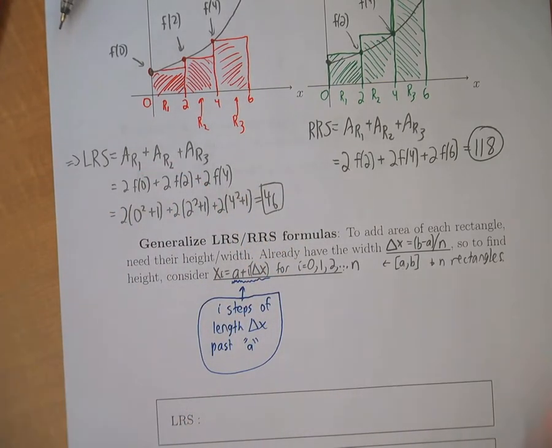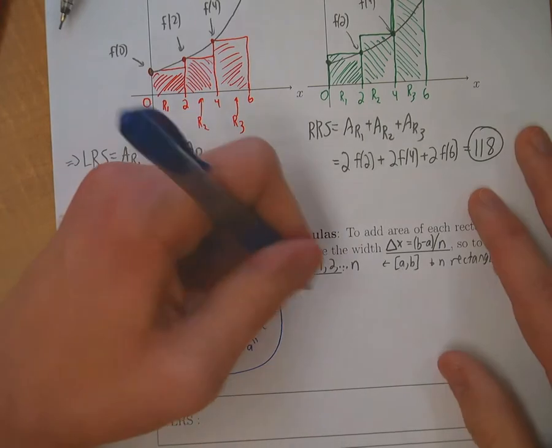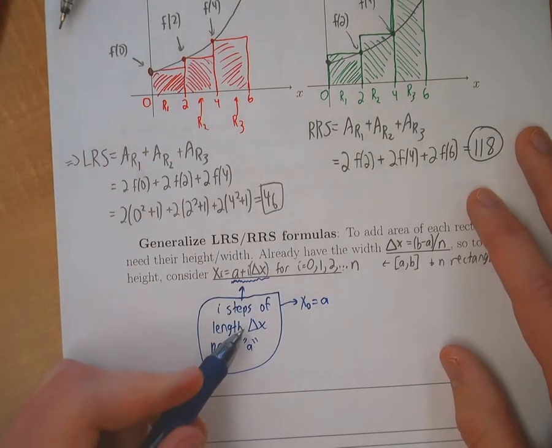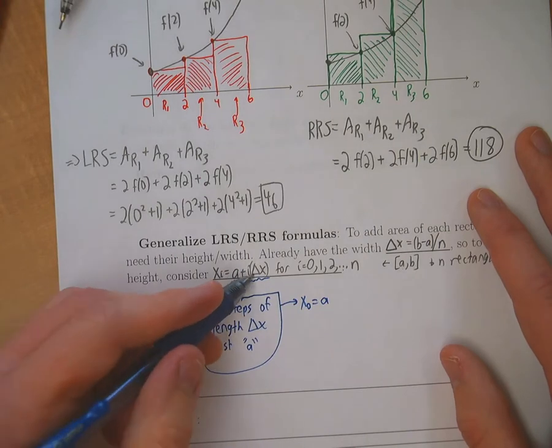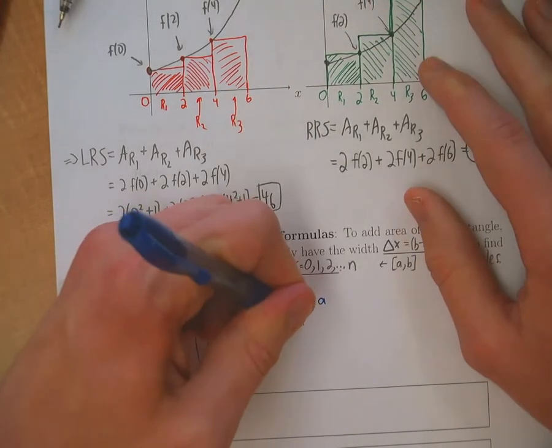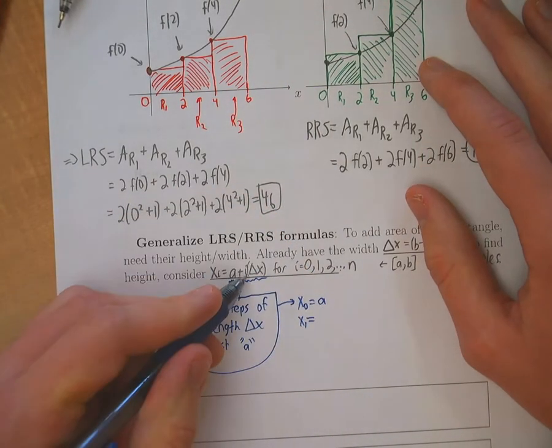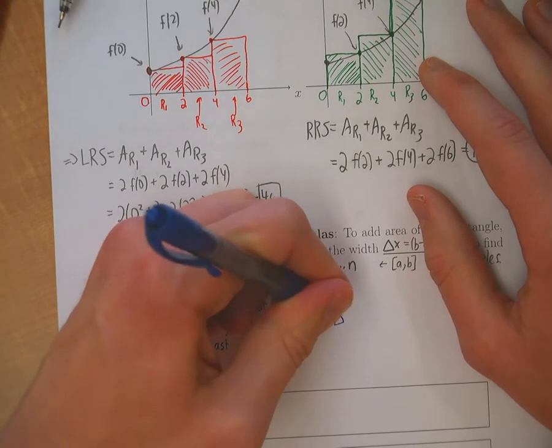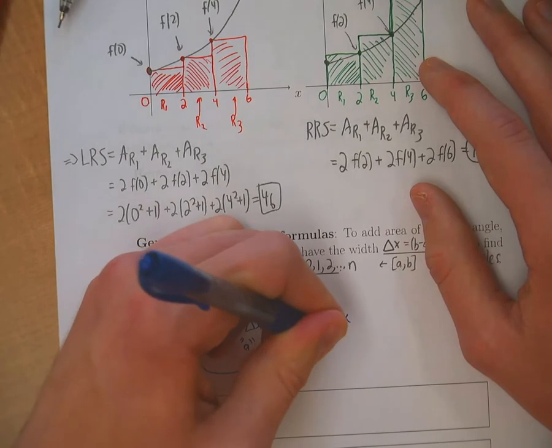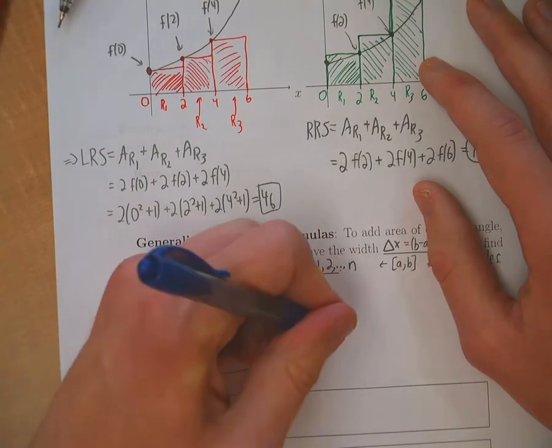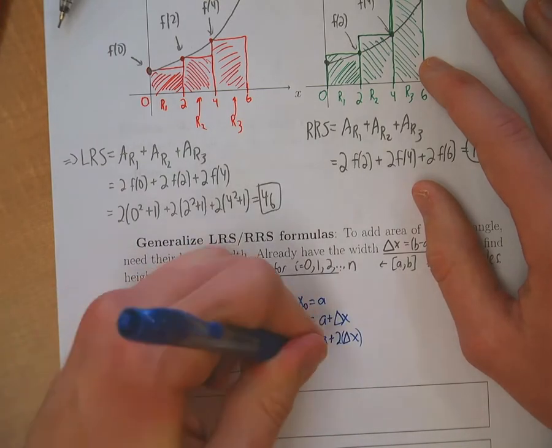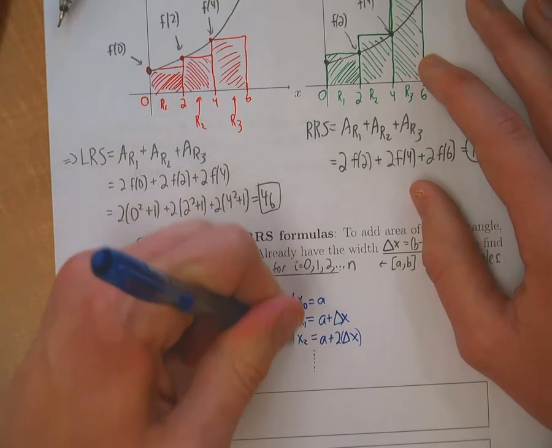So if we focus on the first few values of i, for instance, then we should have x sub 0 is equal to a, because if you let i equal 0 here, then that's just 0, so all you're left with is just a here. Then x sub 1 would then just be equal to, well, you let i equal 1 to get a plus delta x. Then i equals 2 gets you a plus, well, in this case, 2 times delta x, because i equals 2 now. And then you keep going down the line. Okay?